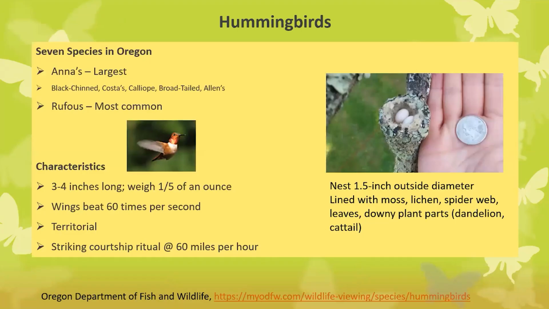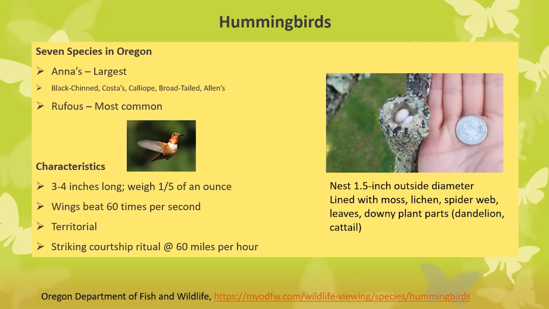Let's begin with hummingbirds. There are 7 species of hummingbirds that visit Oregon. Despite their very small stature, only 3 to 4 inches long and weighing a fraction of an ounce, they are capable of extreme acrobatics in the air.